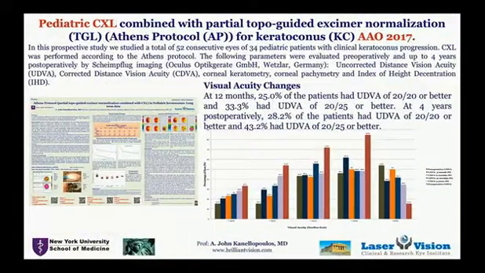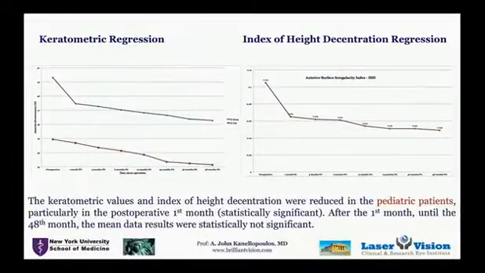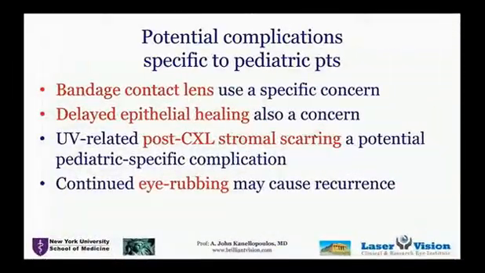We've also presented at the Academy results on pediatric CXL, which appear to be similar to our adult population. Very good long-term results in combination with PRK in those pediatric patients that were old enough, of course, to undergo a PRK procedure. Similar long-term data on continuing flattening of the keratometry. And again, some of the changes here.